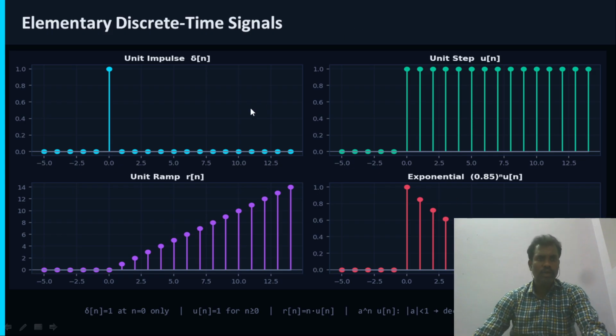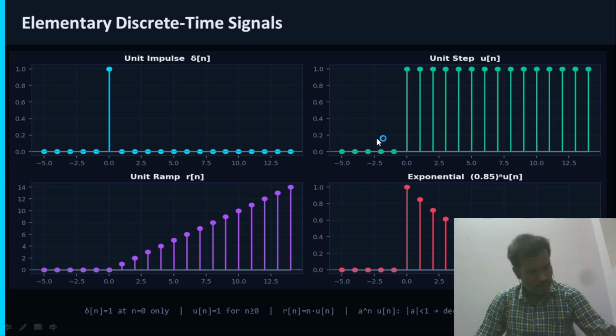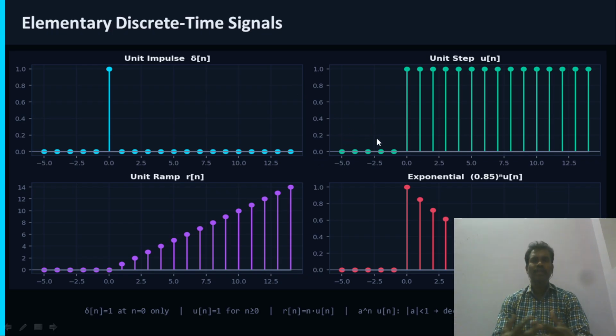Next we'll go for elementary discrete time signals. So we assume that we have done sampling and we have a complicated signal. How can the complicated signal be mathematically represented? It is represented as a combination of basic signals.